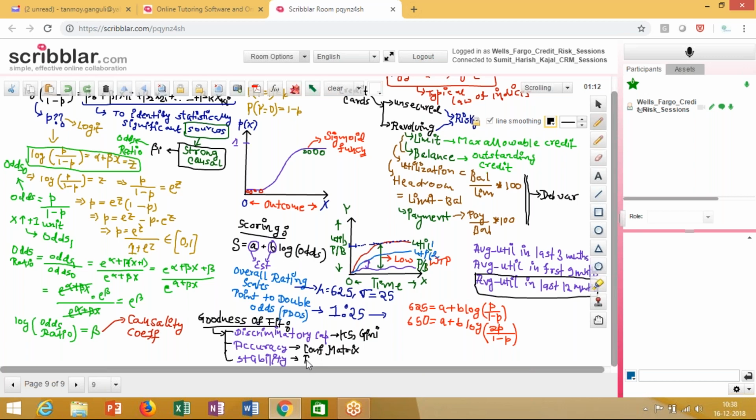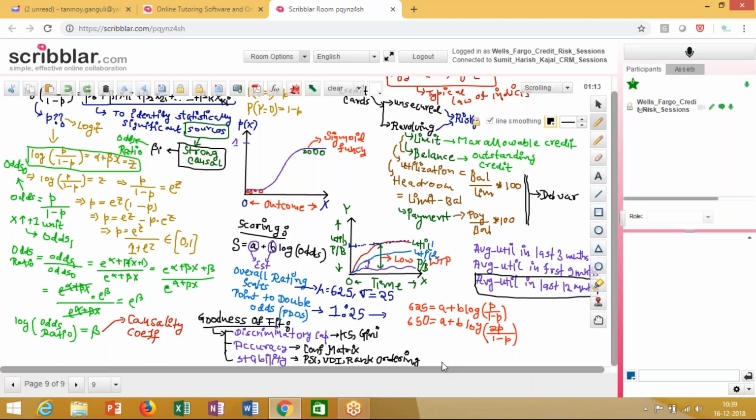So let me talk about PSI, VDI, rank ordering, etc. So these are some of the matrices, right?